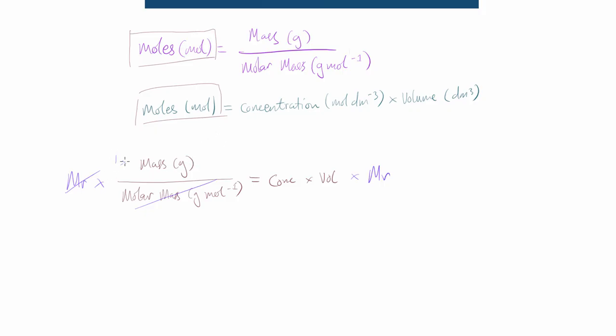So the mass is equal to the concentration times the volume times the mR.